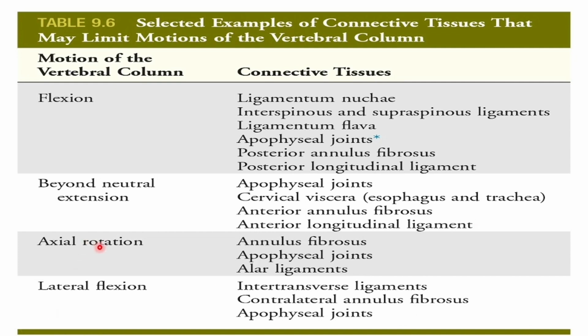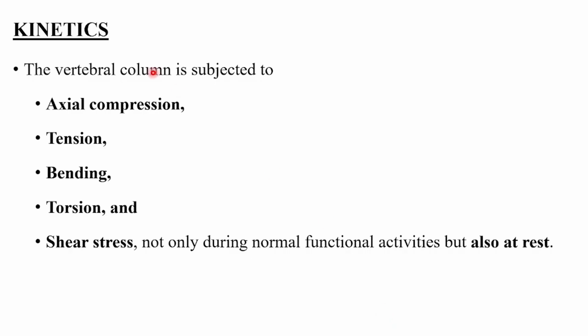Excessive axial rotation will be prevented by your annulus fibrosus, apophyseal joints, and alar ligaments. And lateral flexion or lateral tilting will be prevented by your intertransverse ligaments, contralateral annulus fibrosus, and apophyseal joints.